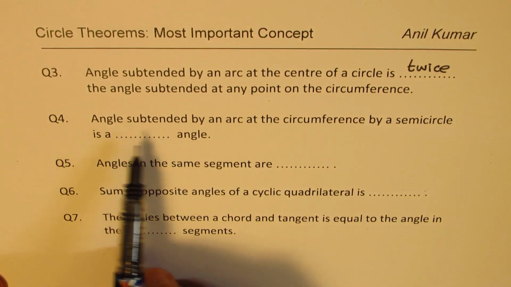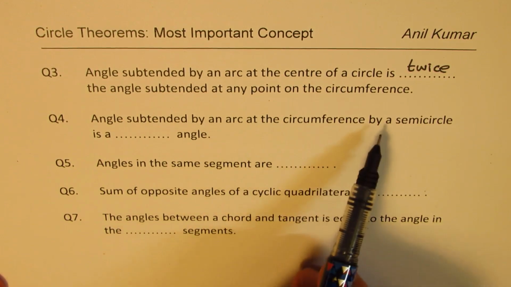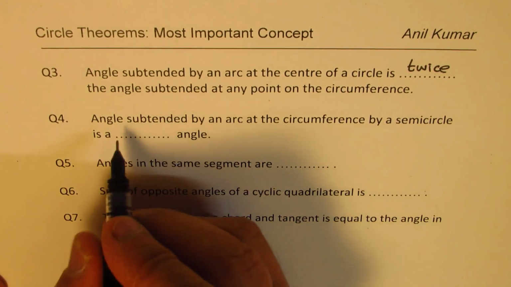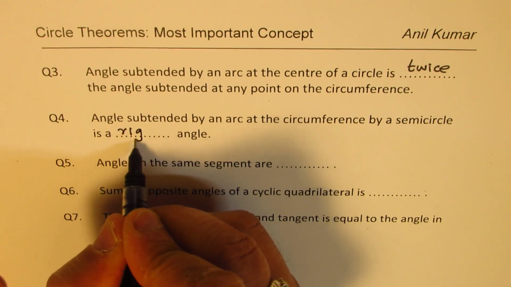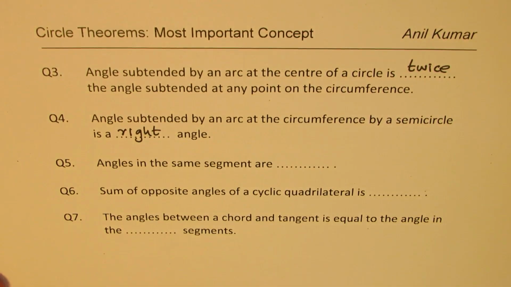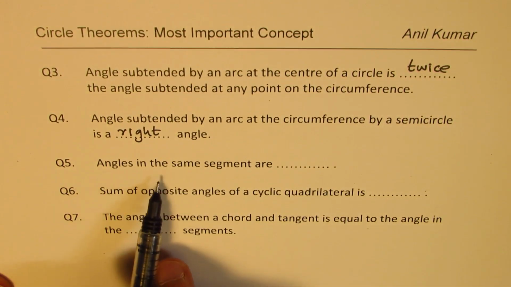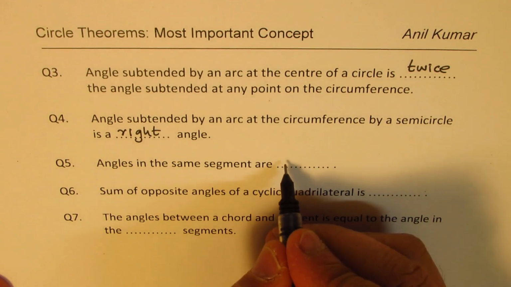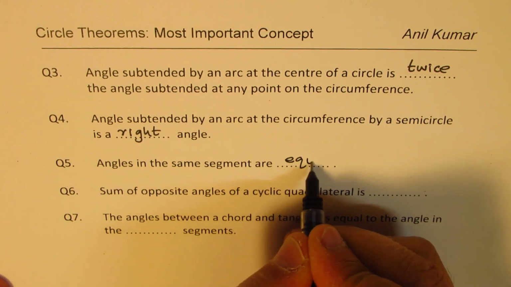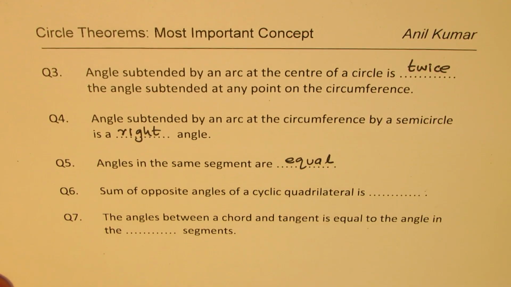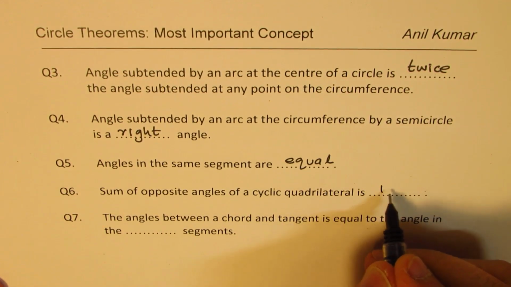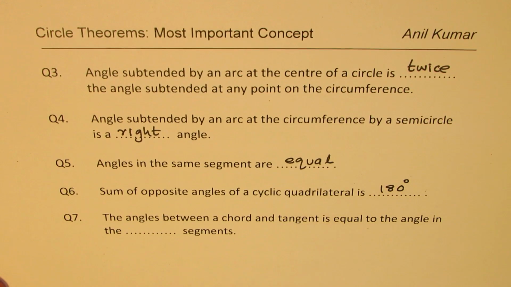Question 4, the angle subtended by an arc at the circumference of a semicircle is a right angle. Question 5, angles in the same segment are equal. Question 6, the sum of opposite angles of a cyclic quadrilateral is 180 degrees.